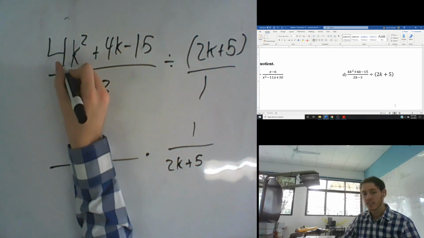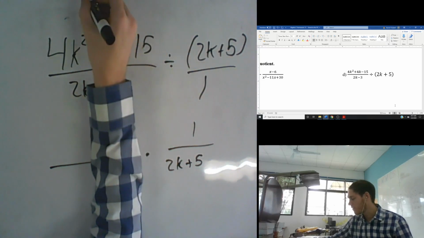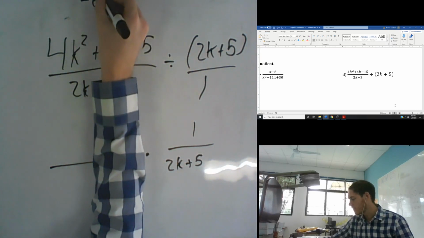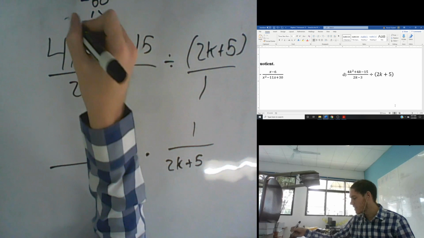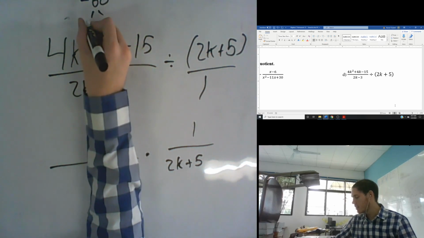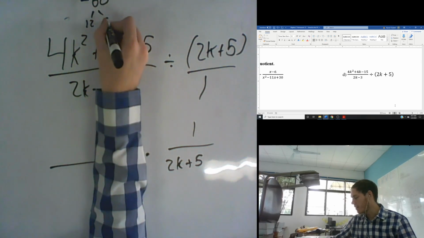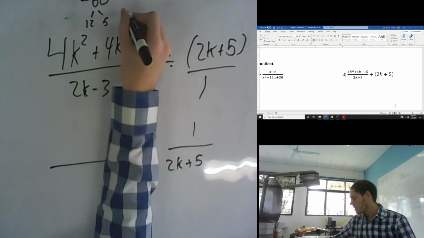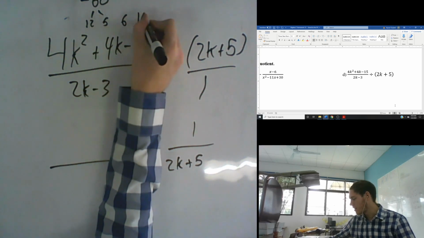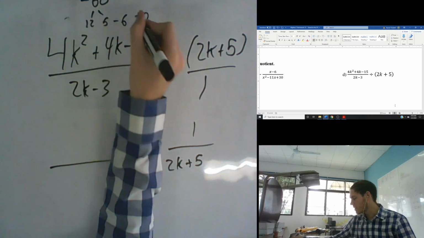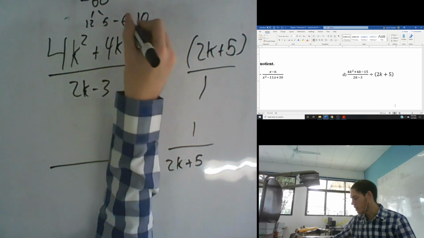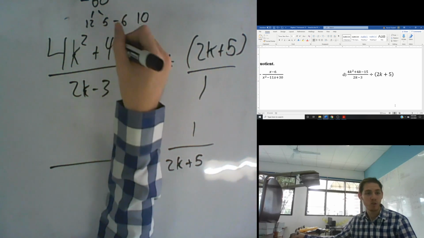Now factoring this, if you do 4 times negative 15, you get negative 60. What goes into negative 60 is 12 and 5, that doesn't work, it's 6 and 10. So 6 is going to be negative because the middle is positive. They need to add up to 4.